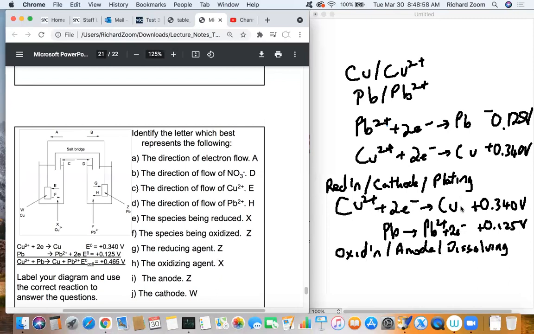Copper 2 plus is turning into copper 0. In the oxidation case, it's turning from lead 0 into lead 2 plus. So the species being reduced is the copper 2 plus, X, not the W, it's the X. The copper 2 plus is being reduced into copper. Anybody got any questions?